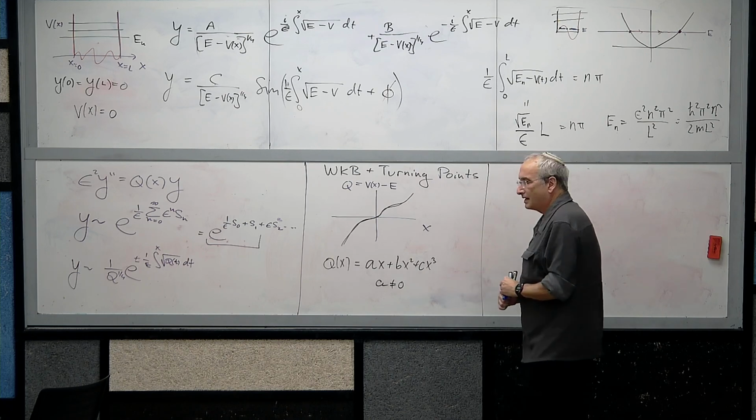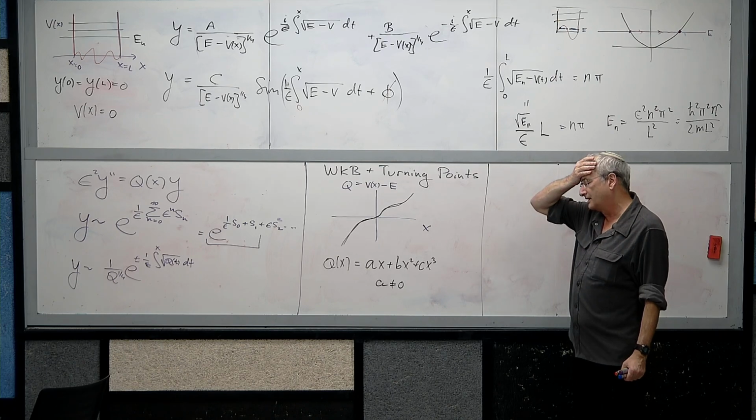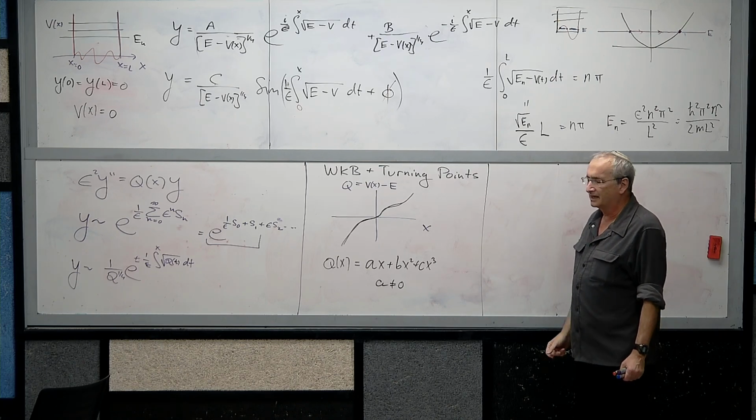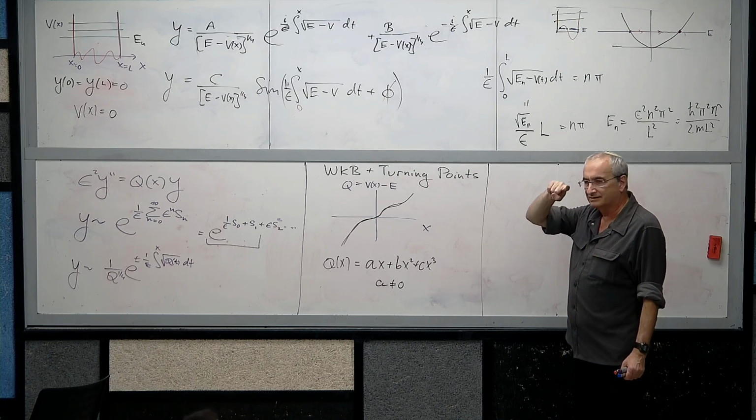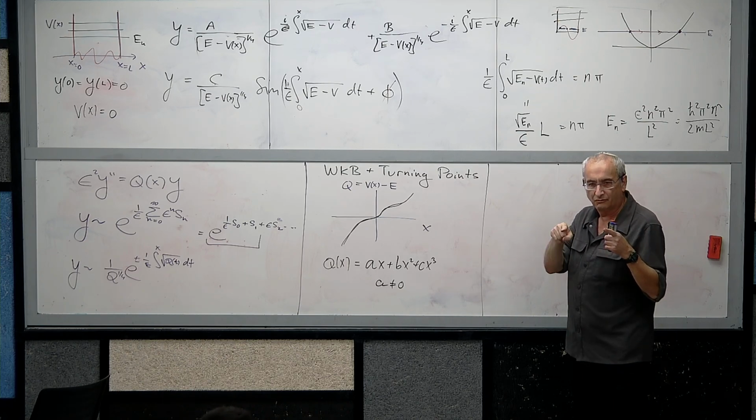So, how do I... Remind you that when we dealt with the generic boundary layer problem, we discovered that if A of x switches sign inside the region we are interested in, we are going to have a problem.